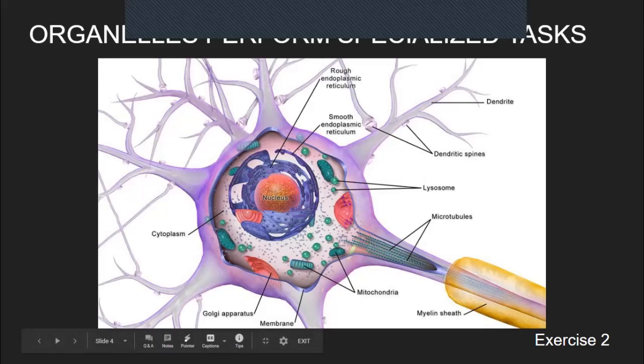And the Golgi apparatus is something that helps essentially package things. And by packaging, it's getting it to bend and conform into the shape it needs to have.